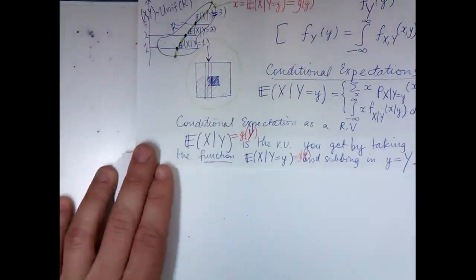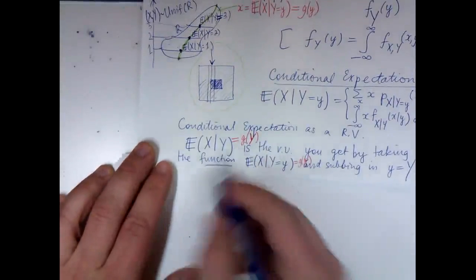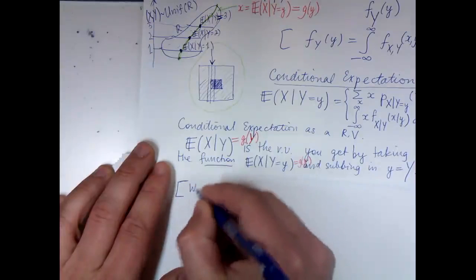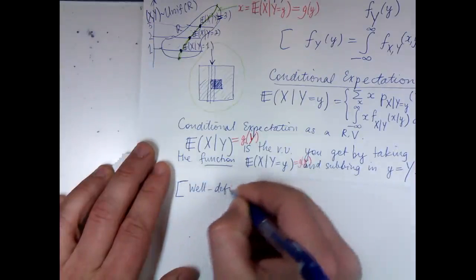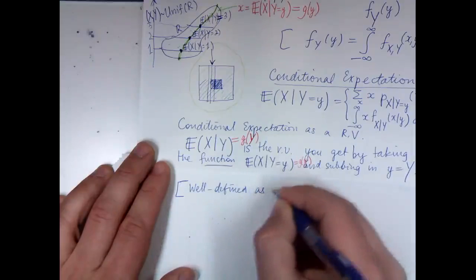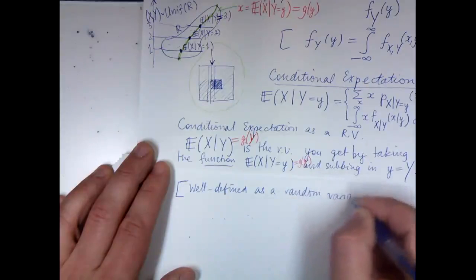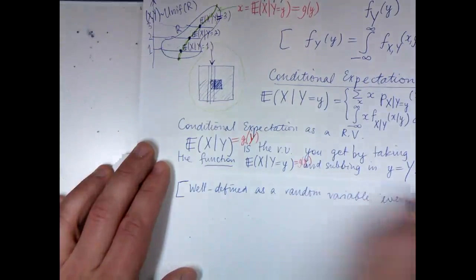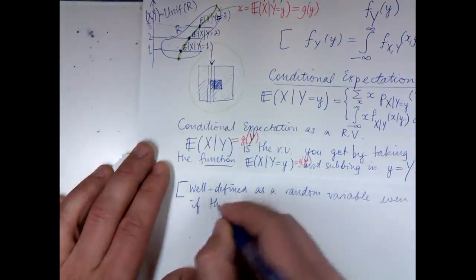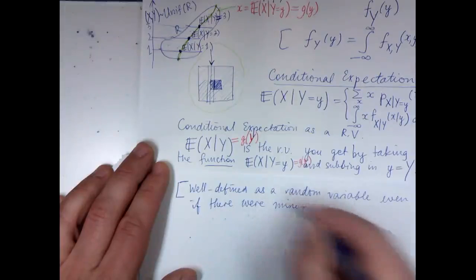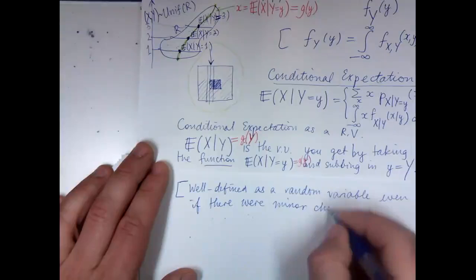Well, for those who are interested, this is well defined as a random variable, even if there were minor choices. This is really so unimportant that I don't want to emphasize it.